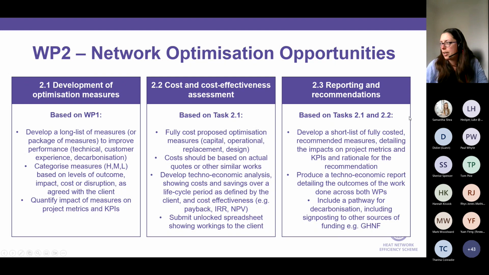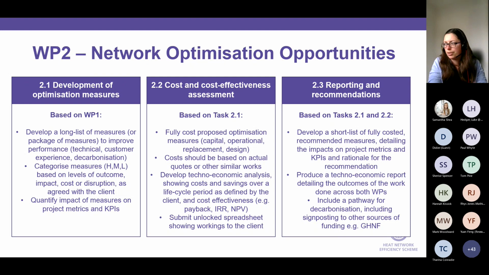And finally, again, the output of work package 2 is that we would then take from that long list of measures that you've produced, a short list of recommended measures, outlining the impact on the project metrics and KPIs that we identified again before, and the rationale for why this particular measure was recommended over others.